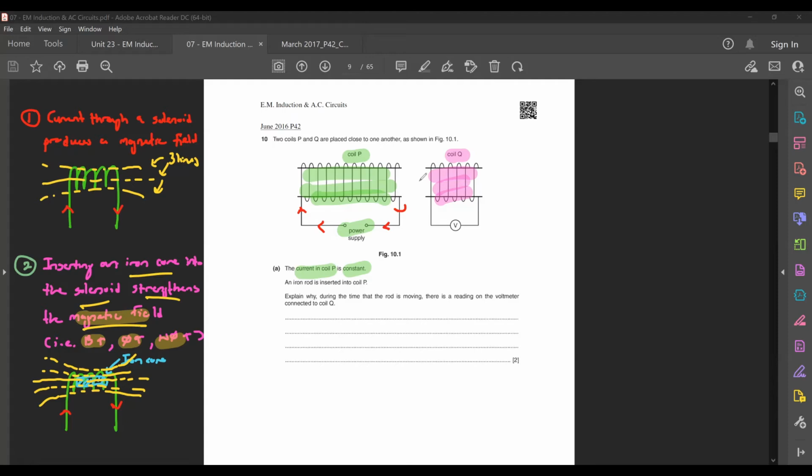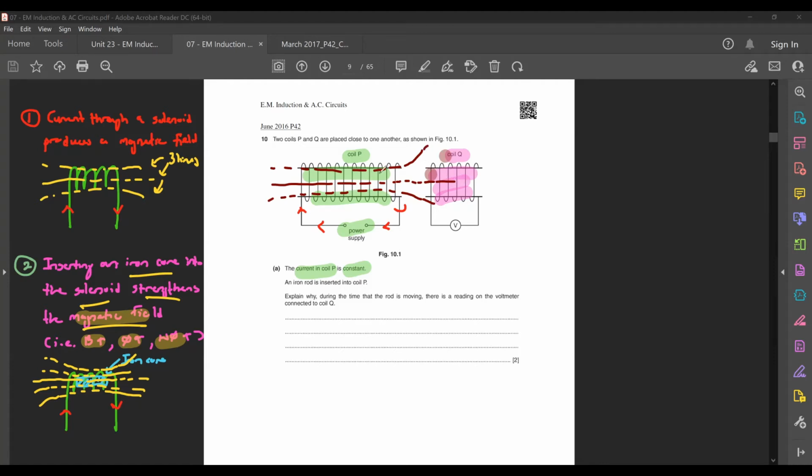If I try to draw the pattern of the magnetic field, this is the magnetic field that you have as current flows through core P. You can think of core Q as being situated very close to core P, such that the flux from core P will link with core Q. You can think of the magnetic flux from core P as having extended to core Q itself, because core Q is quite near.